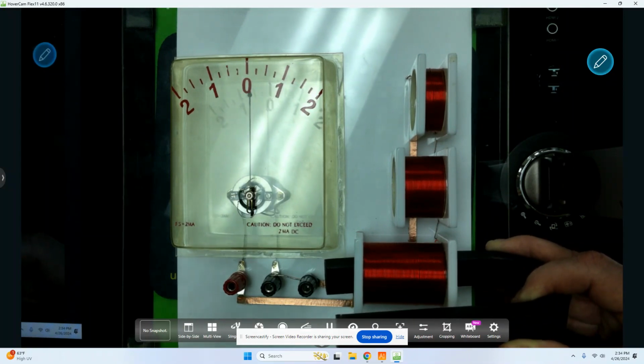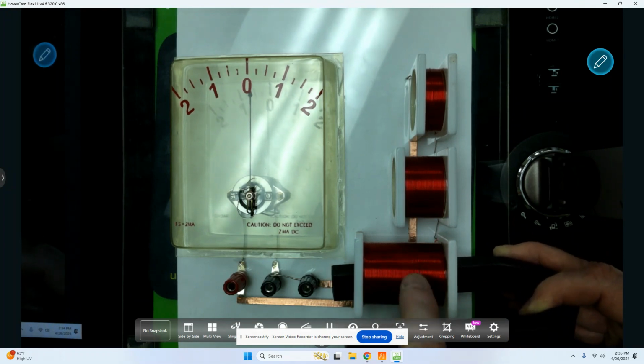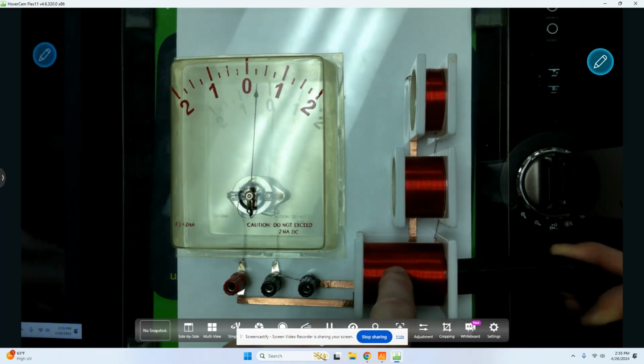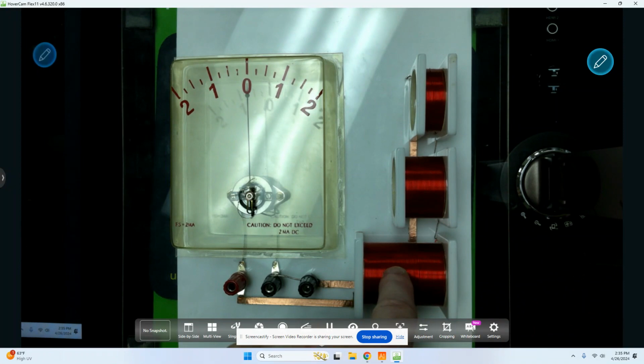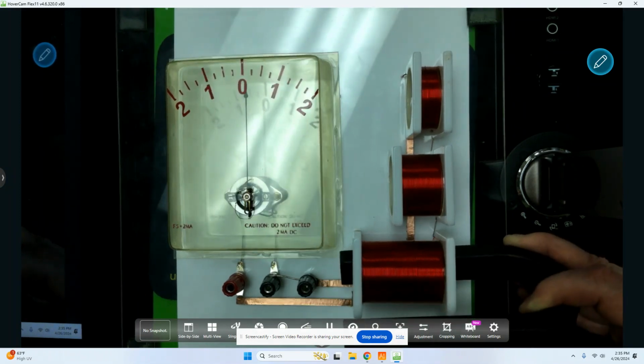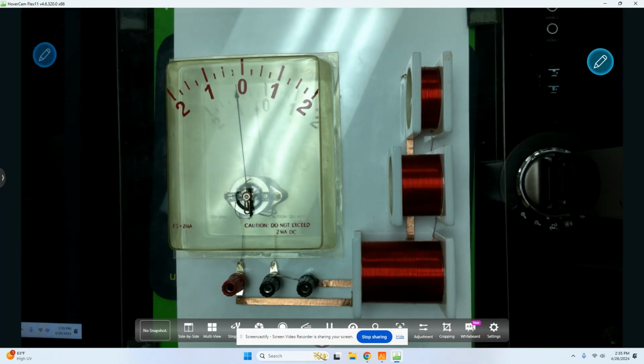Relative motion. It's changing magnetism, right? So the coil sees a moving magnetic field. The magnetic field is moving relative to that coil, and that movement is what's required to push those charges. Now you notice that when I insert this, the needle moves in the same direction that I inserted it. When I pull it out, the needle moves in the opposite direction.